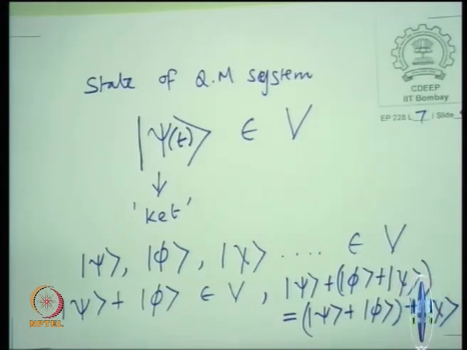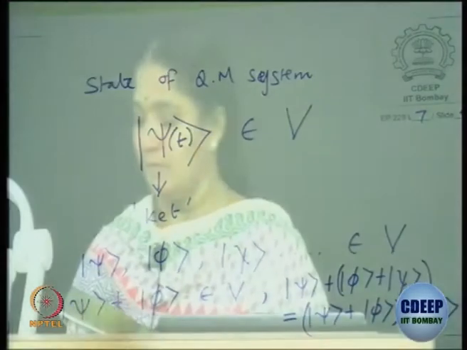Exactly like what we did for the vectors in R3, but there could be a long list here. This is a long list which I have for an abstract vector space. I don't know what is the dimensionality of this vector space. I don't know the linearly independent set which spans the space. Now I am putting it in this abstract notation.